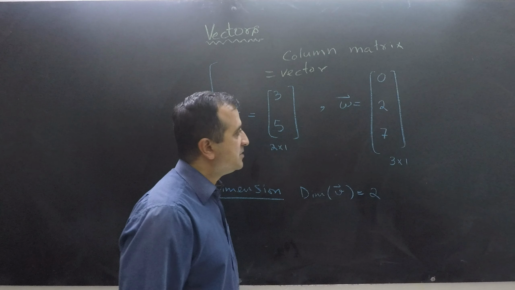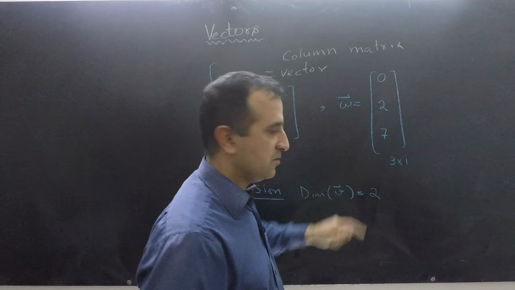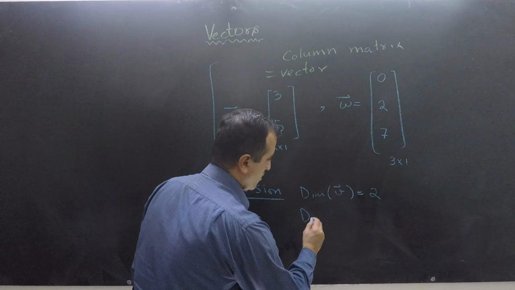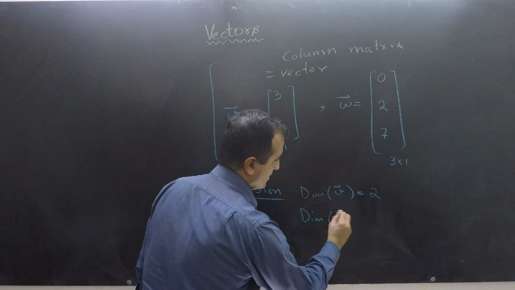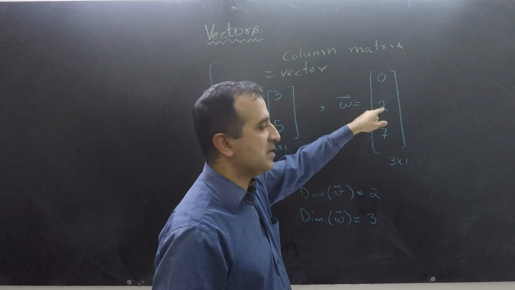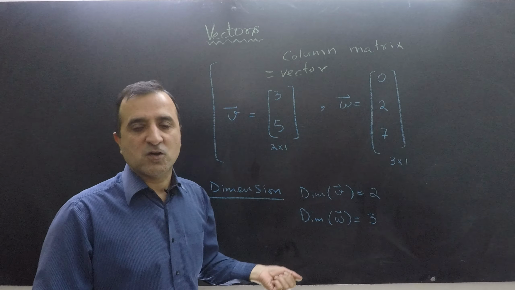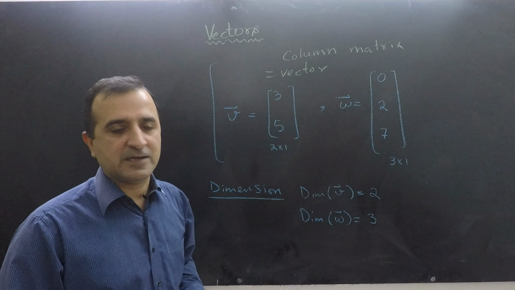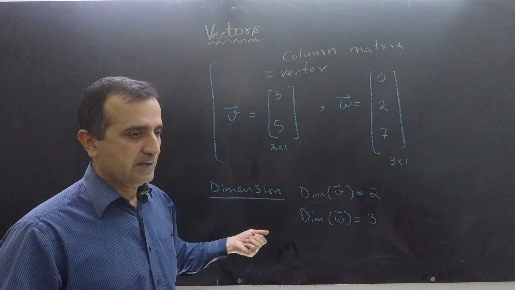Similarly, the dimension of vector W is 3, because it has 3 elements in it, 1, 2 and 3. Make sense? Similarly, we could have a vector of n dimensions, where it has a dimension of 5 or 6. n could be any number, right?